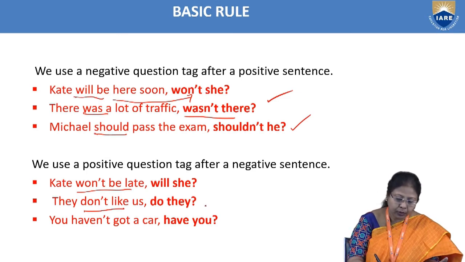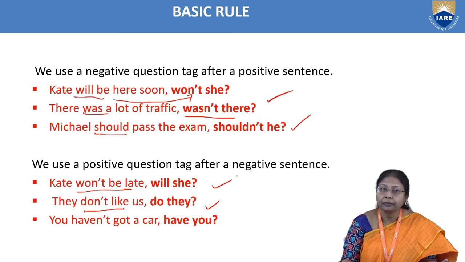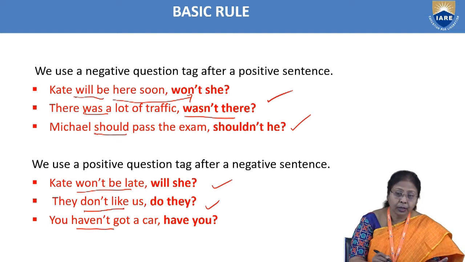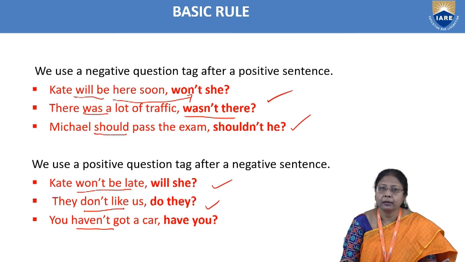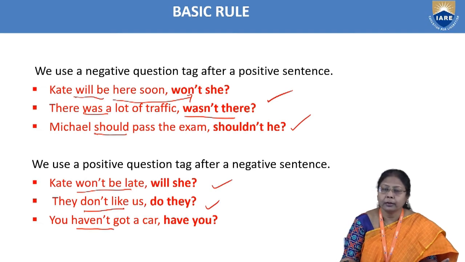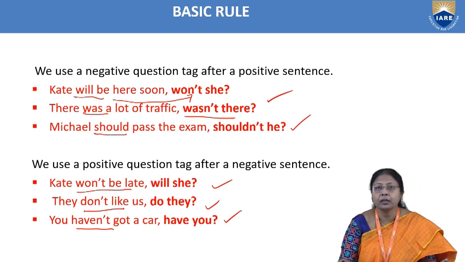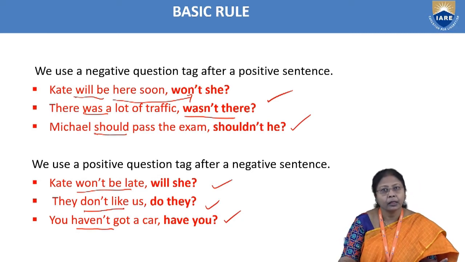Do they is the question tag, a positive question tag. You haven't got a car, have you? Haven't comes under a negative statement, a negative auxiliary verb. This will take a positive question tag. Clear?